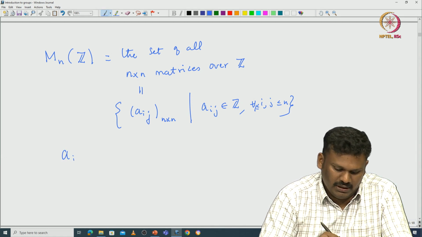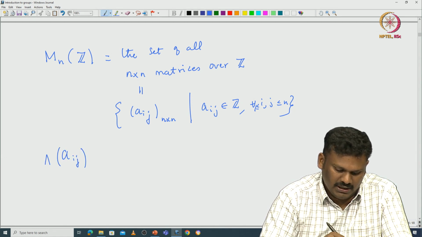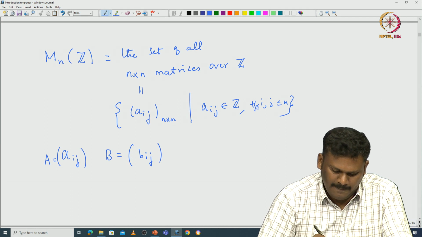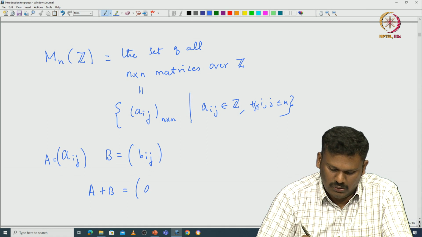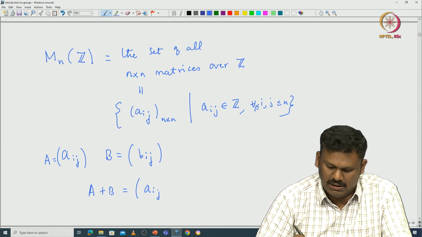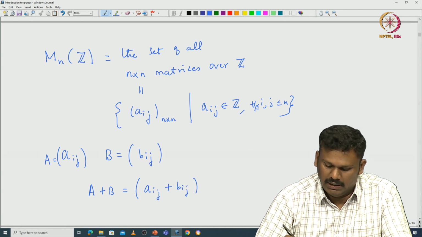For example, if I take the matrix A to be (a_ij) and the matrix B to be (b_ij), then what is A plus B? You just add, in the ijth position, a_ij and b_ij, those two numbers in that ijth position.